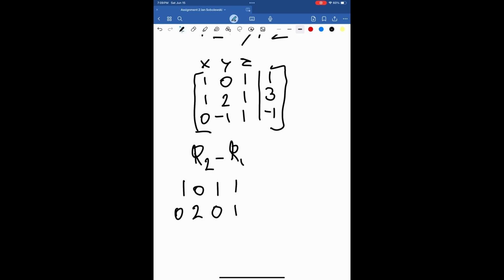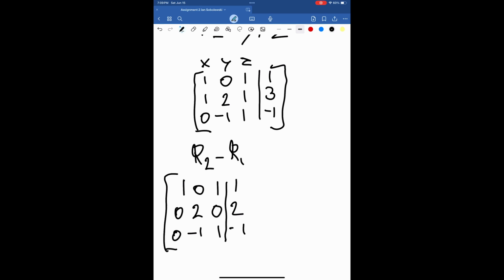Now we have 2. Oh, look at that, it's going to be very clean for us to do. Yeah, it gets a bit messy, because it's a lot of busy work.